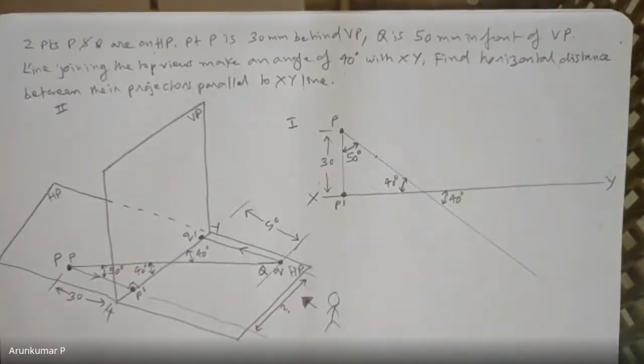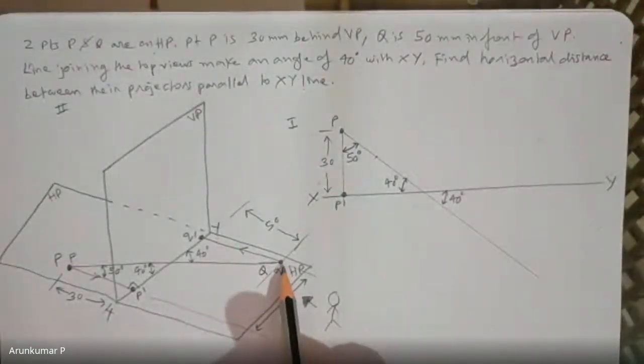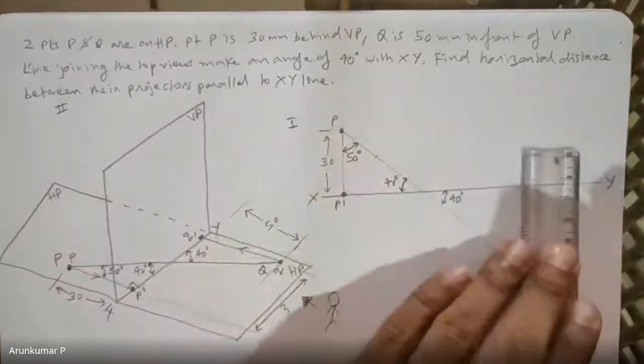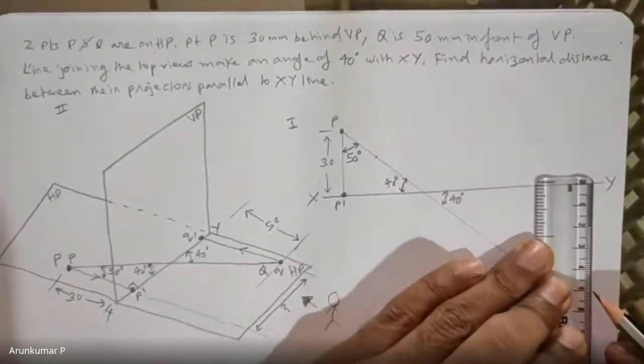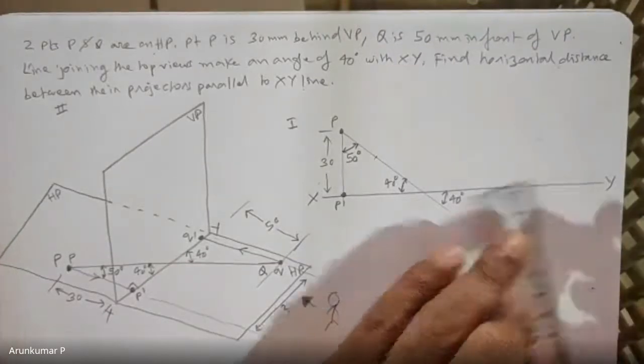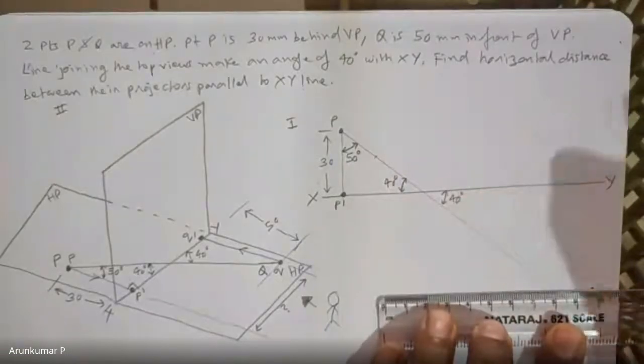Now, all you have to do is locate the top view of Q, 50 mm in front of XY line. From XY line, you locate the 50 mm point and draw a horizontal projection line like this.